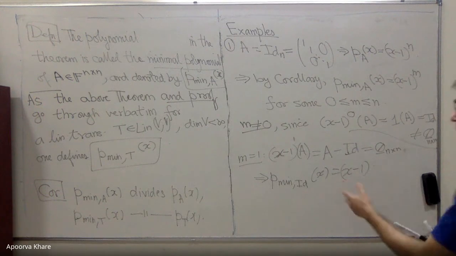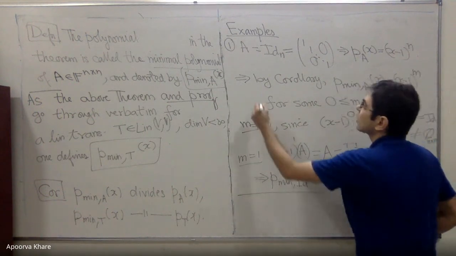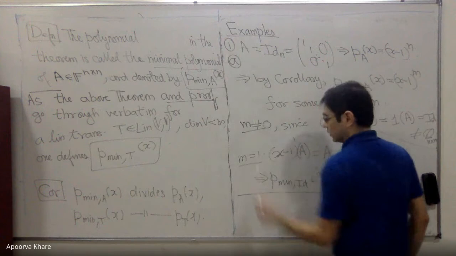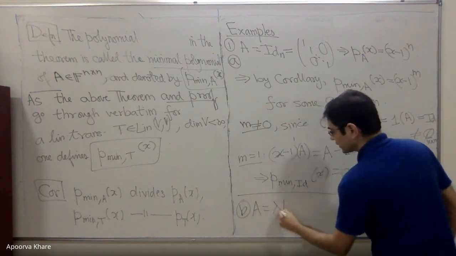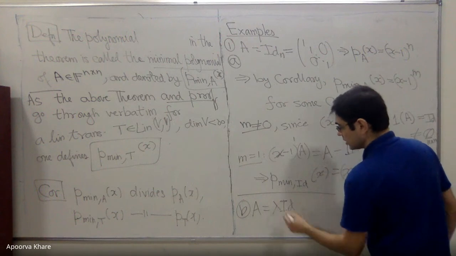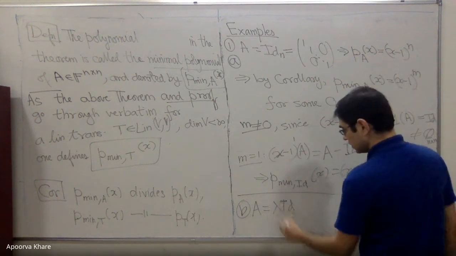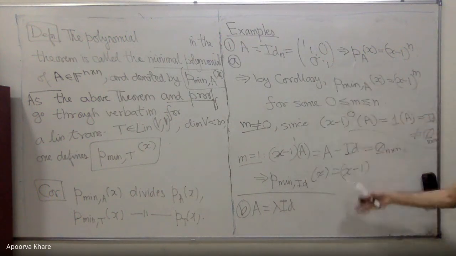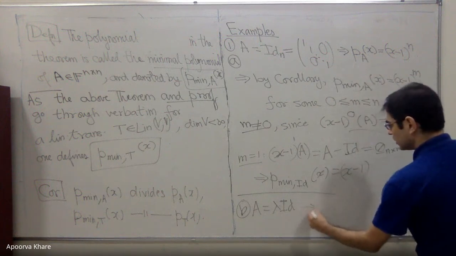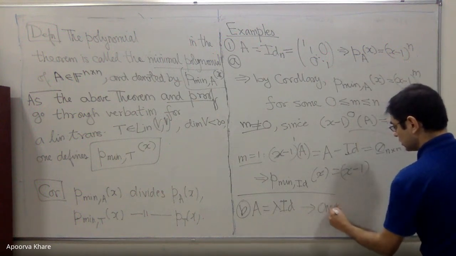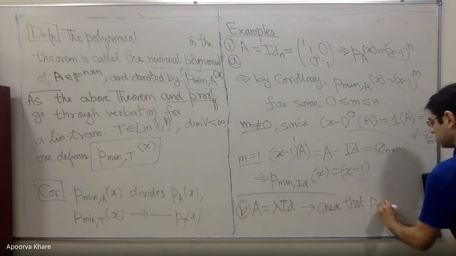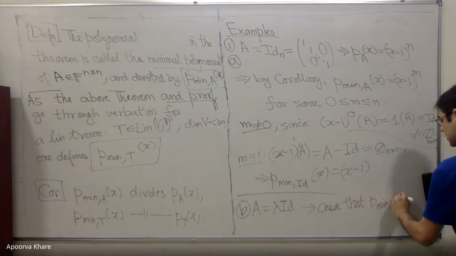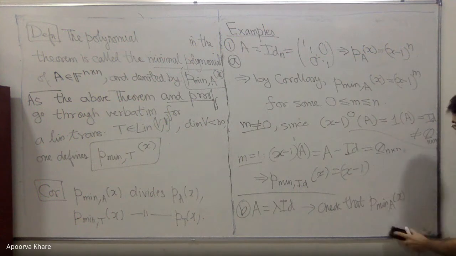Okay, but now you can do more. Let's call this part A. In part B, I can look at A equals lambda times the identity matrix. In that case, check the same exact way that P min comma A of x is... Any guesses?